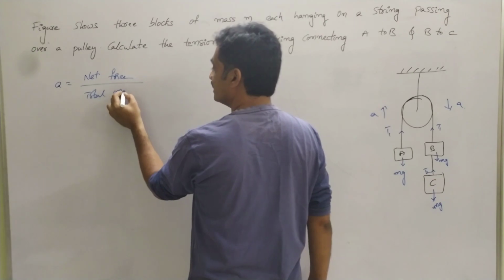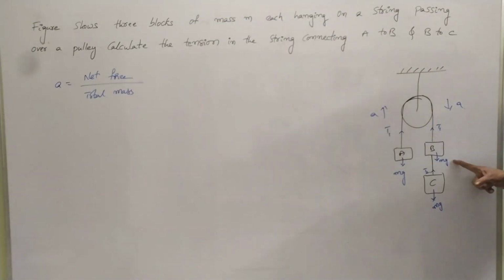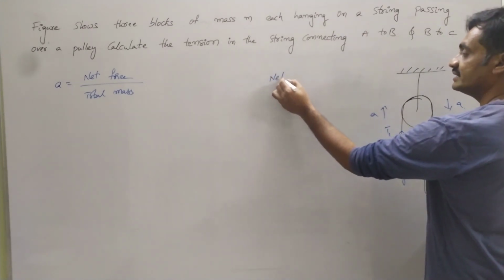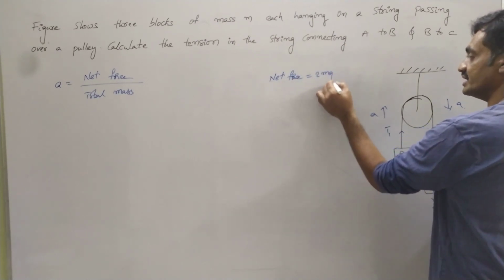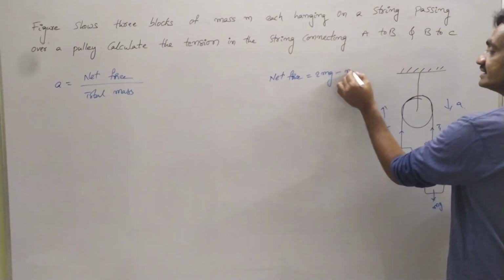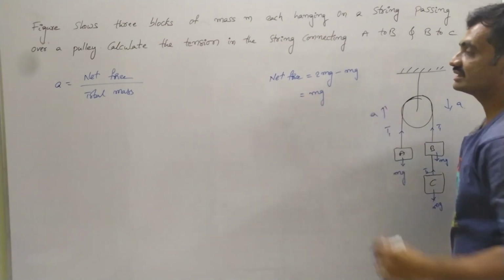Why? Because we have to find the common acceleration. Here observe that the net force is given as mg plus mg, which is nothing but 2mg, minus, since it is in the opposite direction, minus mg. So here the net force is mg.